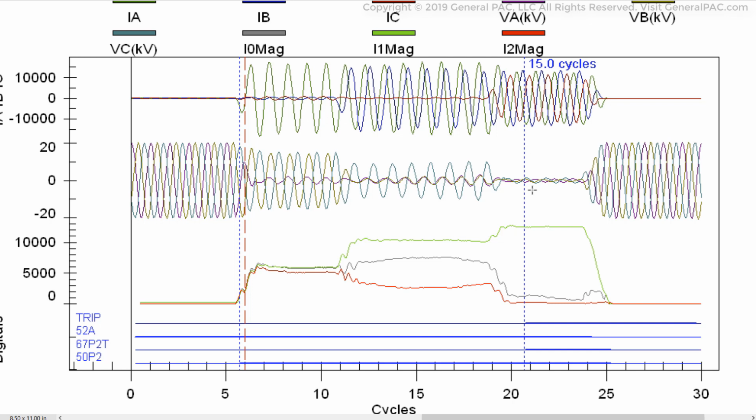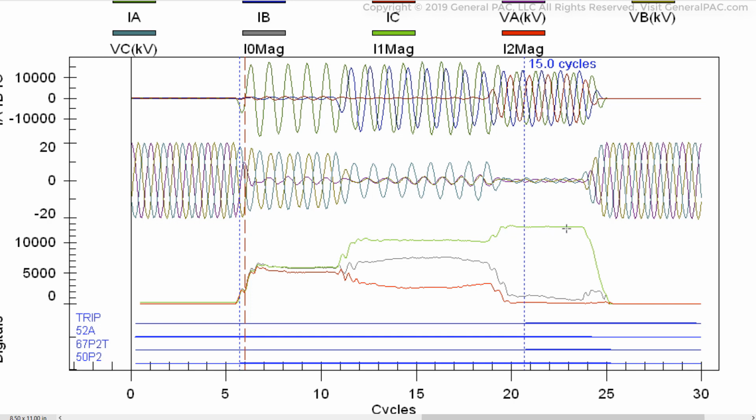And towards the end right here, when it becomes a three-phase fault, we see that both the gray and the red drop out, meaning the zero sequence current and the negative sequence current drop out when it becomes a three-phase fault, but we see a continuing rise of the green, which is the positive sequence current magnitude.